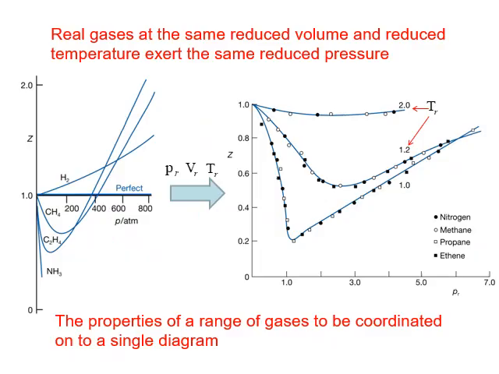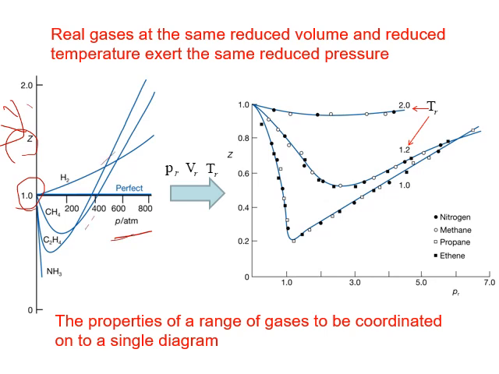Here shows the application of the principle of corresponding states. We have seen this diagram already before. This shows the Z factor as a function of pressure. At very low pressure, for all gases, the Z factor is 1. But when you increase pressure, they deviate from 1.